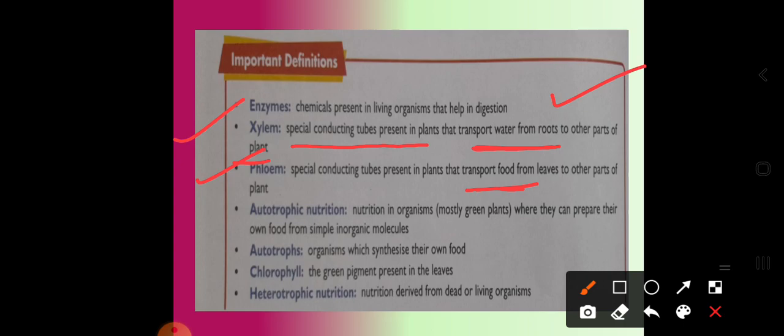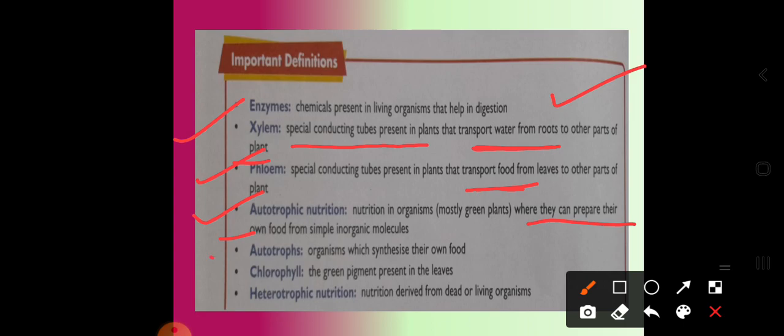Next is autotrophic nutrition. A question can be asked: what do you mean by autotrophic nutrition? It is nutrition in organisms where they prepare their own food and do not depend on any other things. The best example is the photosynthesis process, in which you can learn about autotrophic nutrition.